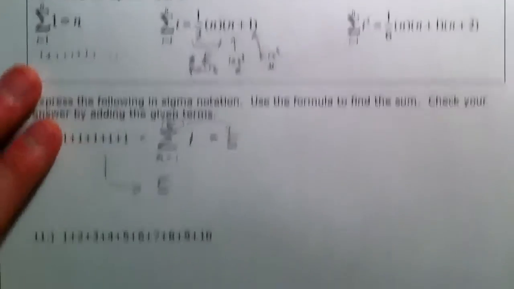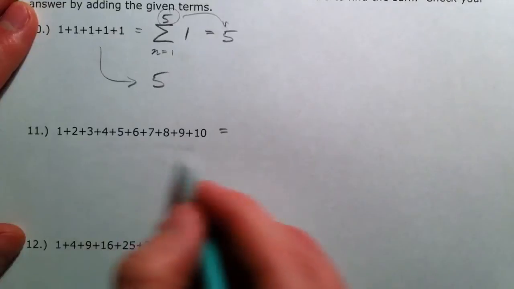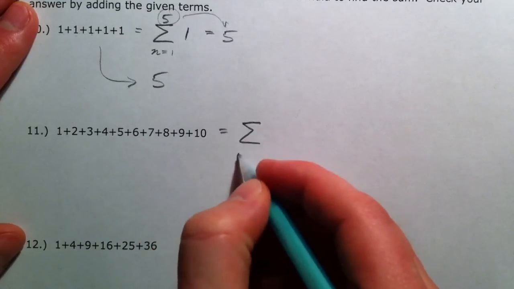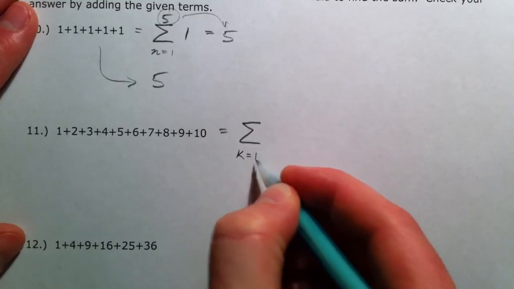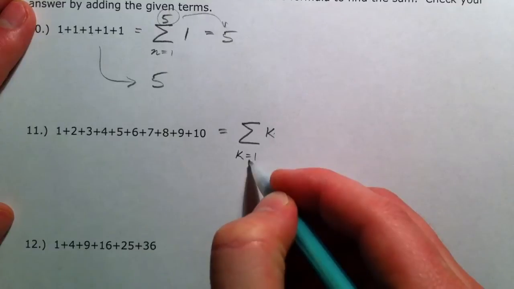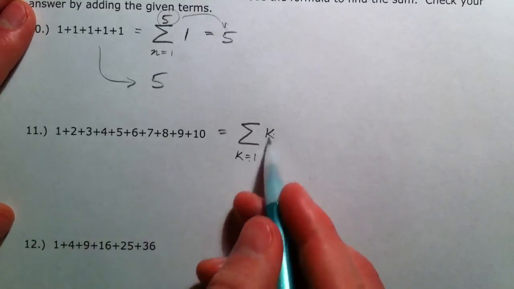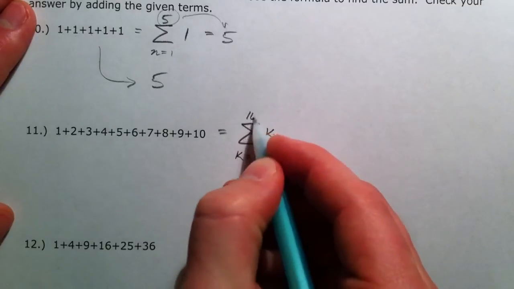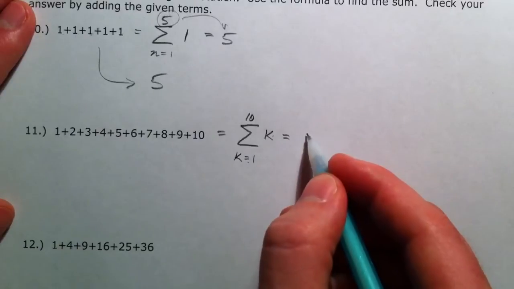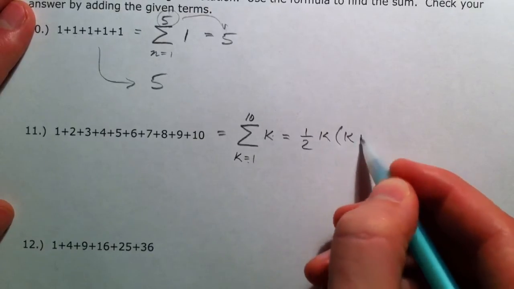So let's try another equation. We're adding up all the numbers from 1 to 10, and so I'm going to use a different index, meaning I can use k equals 1. And I'm going to plug it in, and this is going to be whatever this number is, because first term, second term, third term, fourth term, so whatever I plug in there, all the way up to my 10th. And so we're going to use this equation where we have 1/2 n times n plus 1.